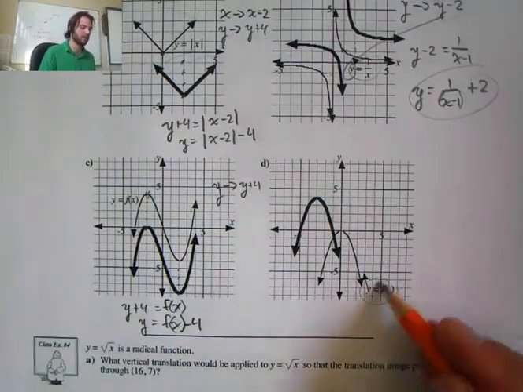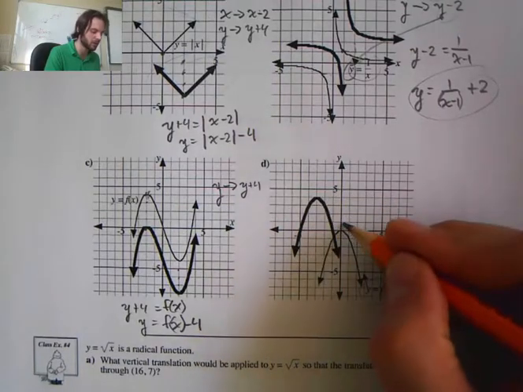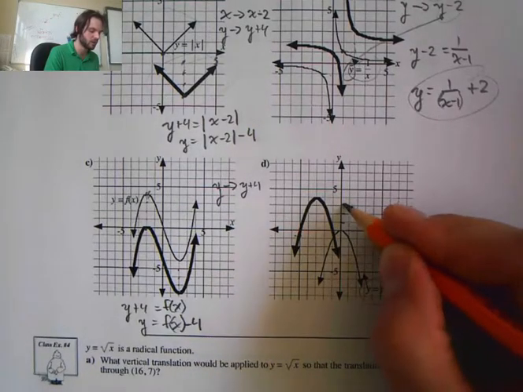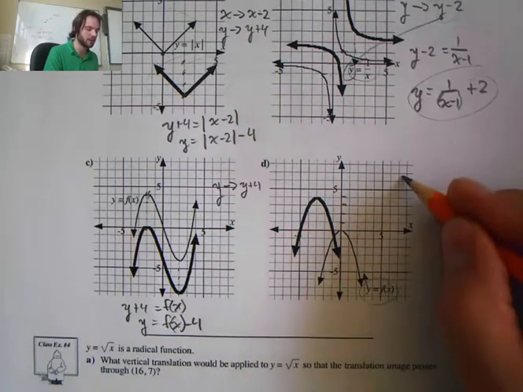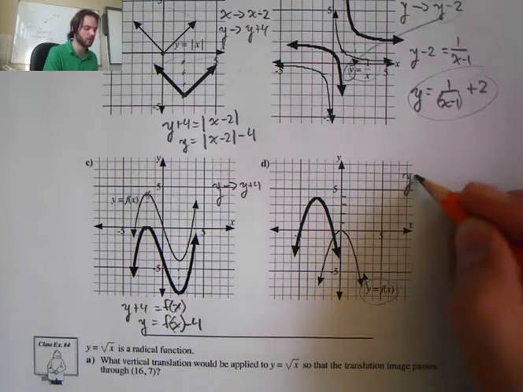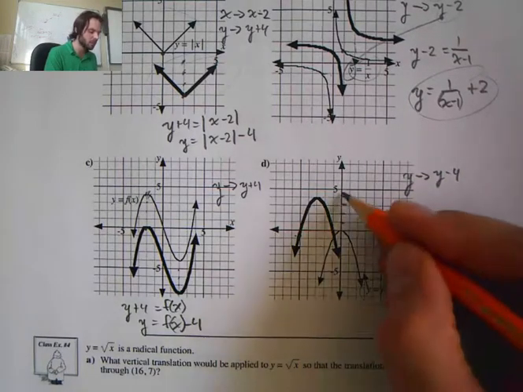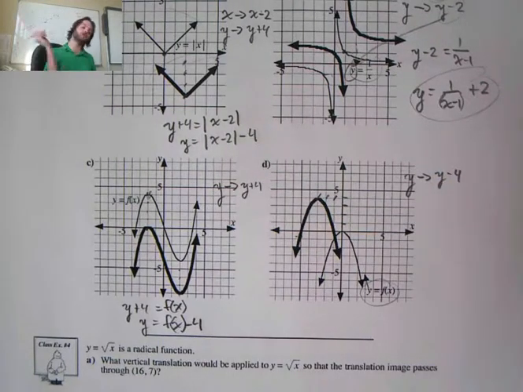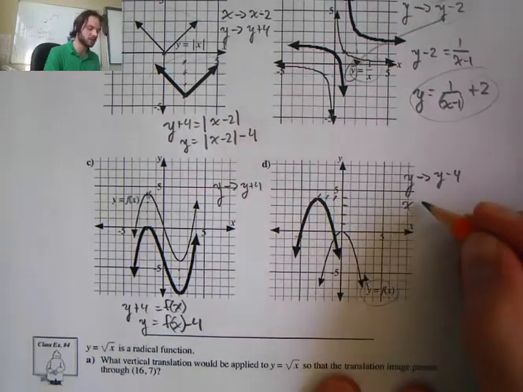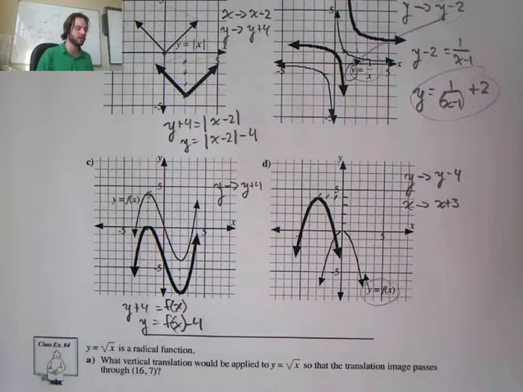Next one, we have the f of x there. We're going from this to this. So we went up 1, 2, 3, 4 is my max. So that is up 4. So y goes to y minus 4. And we went over 1, 2, 3. So that is 3 to the left. So x goes to x plus 3, because it's 3 to the left.